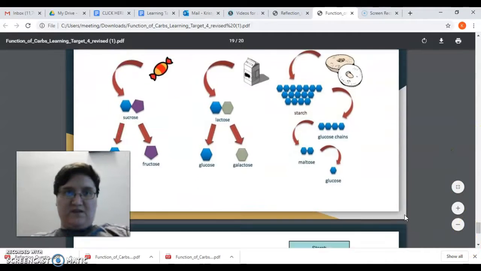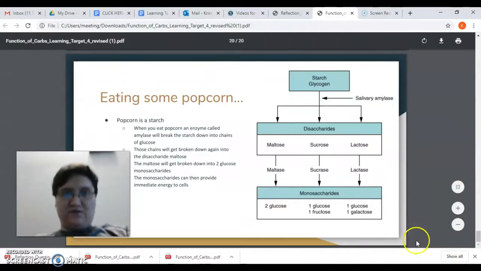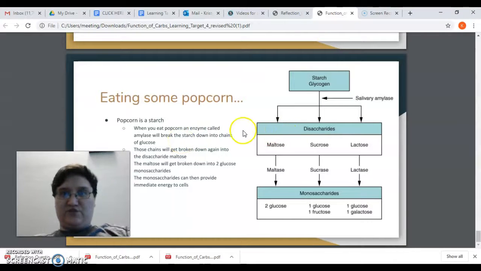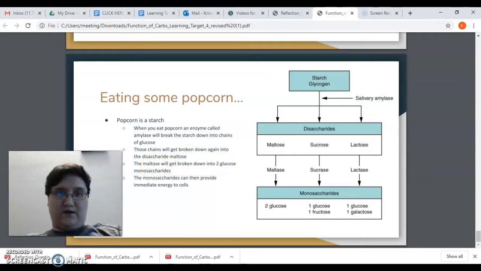And then the next slide's kind of going over the same deal. So popcorn, if you eat some popcorn, that same salivary amylase enzyme comes into play, and it will break down the starch in the popcorn into chains of glucose, just like the donuts. Then the chains are going to get broken down into maltose again, and maltose is going to be broken down into two glucose monosaccharides.